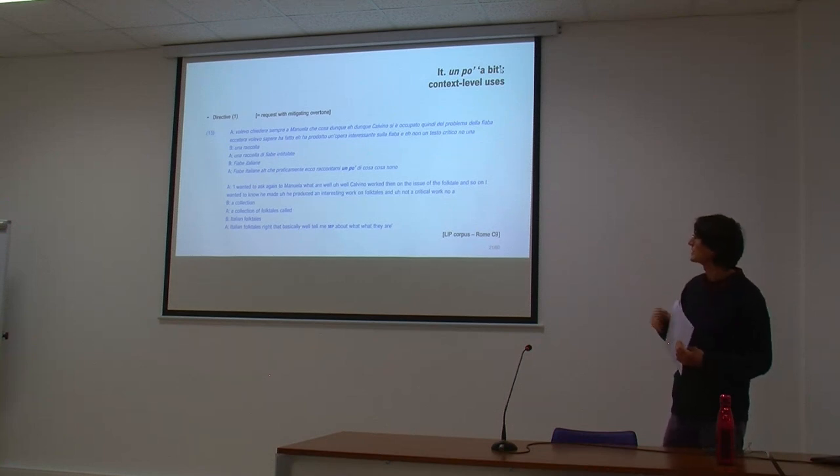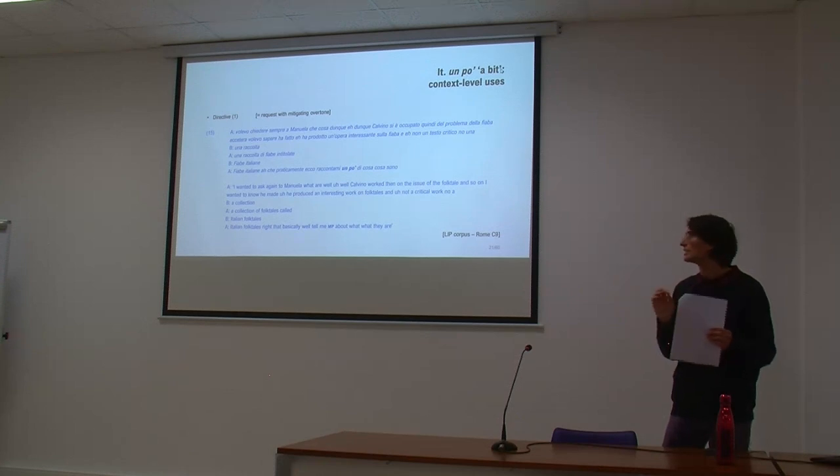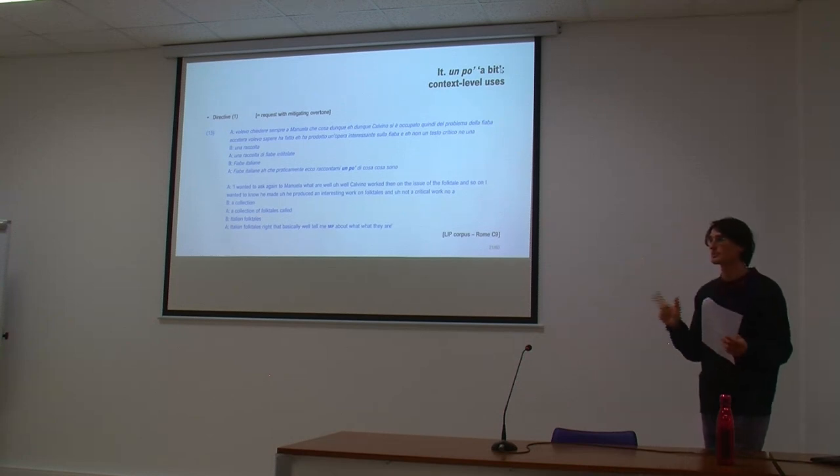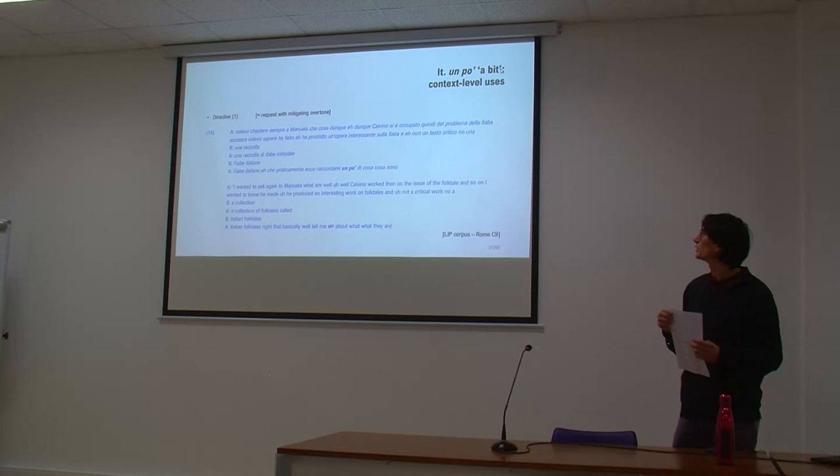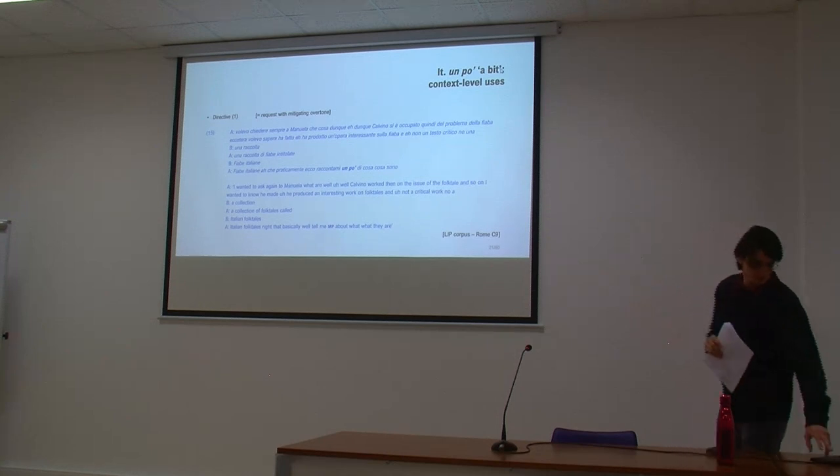And the teacher says, these fiabe italiane, che praticamente, ecco, raccontami un po' di cosa sono. So these Italian folk tales, right? Well, tell me about what they are. Again, here the teacher is not asking to tell just a part, or to give just a partial answer, but is marking the speech act with un po' to express the request.